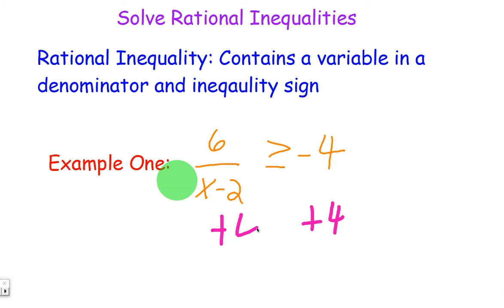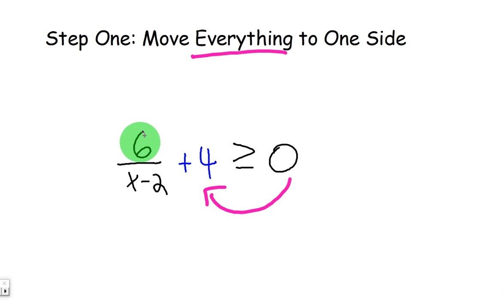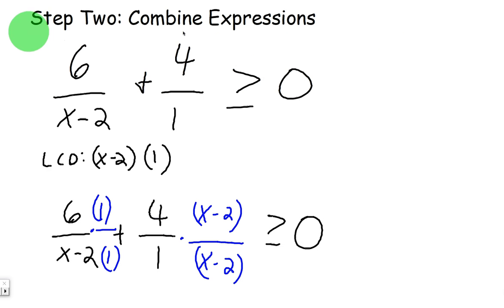So we want to move that 4 over to the left, because we want everything on one side. If you do it correctly, you'll have 0 on the other side. And I would recommend, for convention, although it doesn't really matter, move everything to the left and have a 0 on the right. So now we have 6 over x minus 2 plus 4 is greater than or equal to 0. Perfect. We've completed step 1.